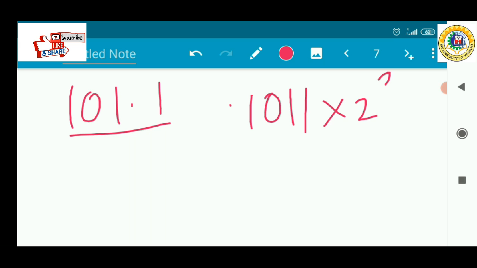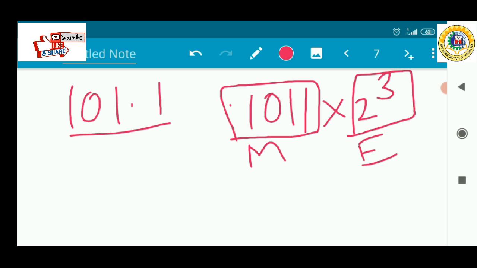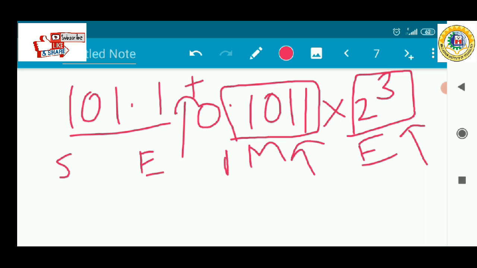So we can represent this like this. This is your integer part, also called the mantissa part, and this is called the exponent part. This is for the sign bit, that is the mantissa, and this is the exponent, okay.